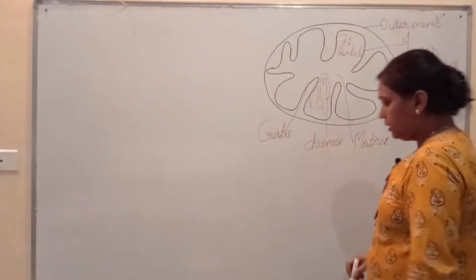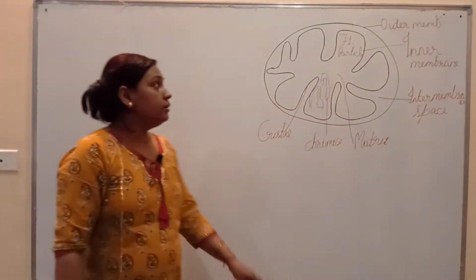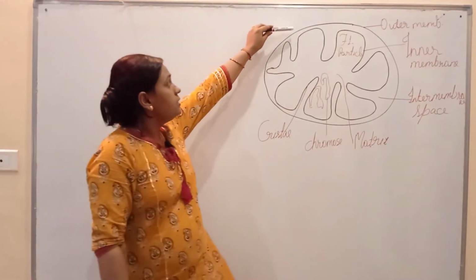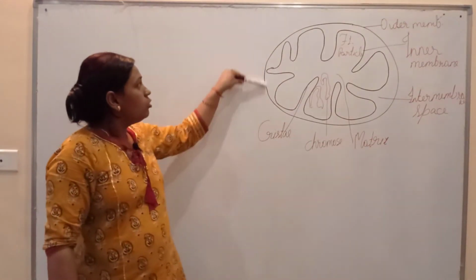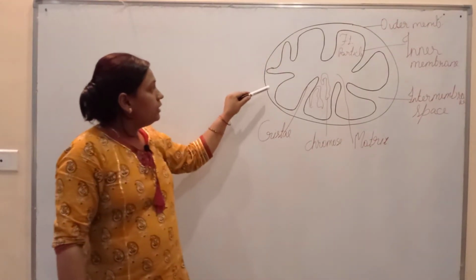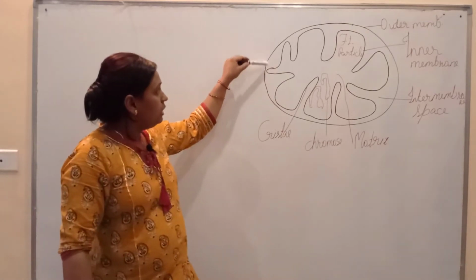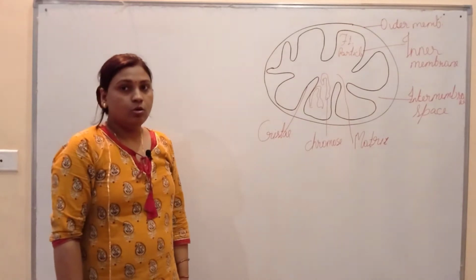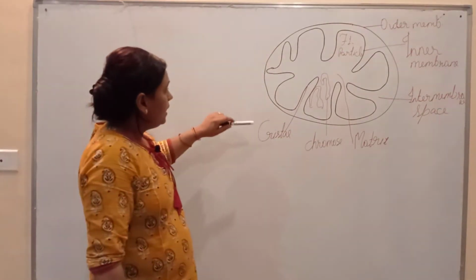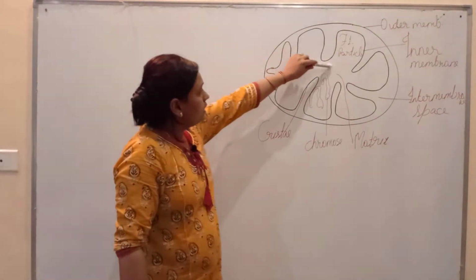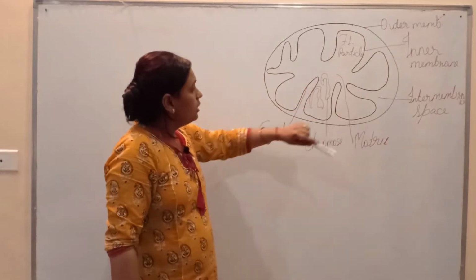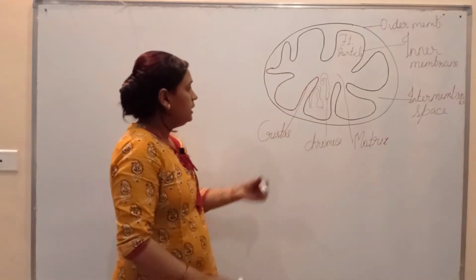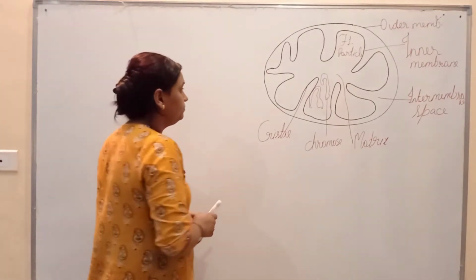So in this way we saw that mitochondria is a double membrane bound structure. The outermost layer is called the outer membrane, while the inner membrane is deeply folded to provide a large area at the time of oxidation of glucose. And this fluid part is called the matrix, and inside this matrix chromosomes, that is DNA, are also present.